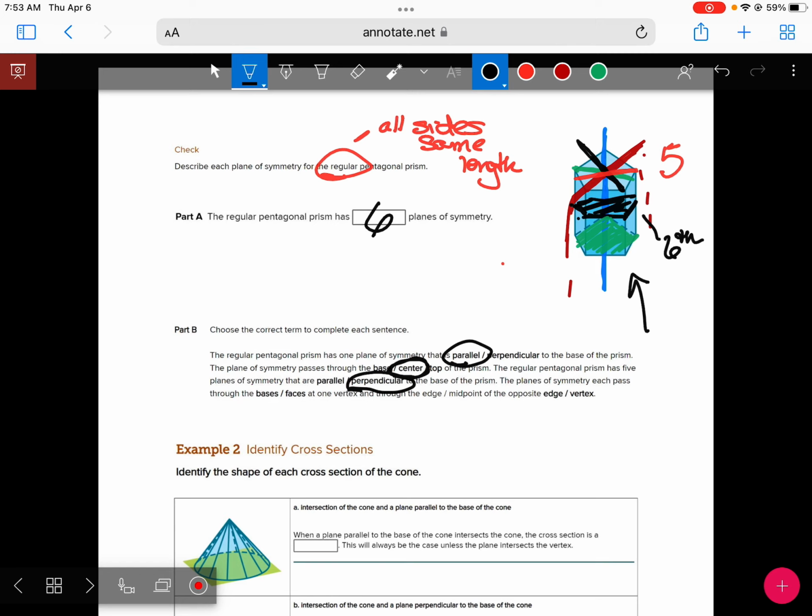Passes through the bases, because the top is a base also, at one vertex, and through the edge or the midpoint. It's going through the midpoint, the middle, the midpoint of the opposite edge. Yes. Okay.